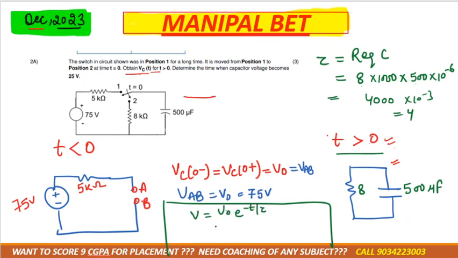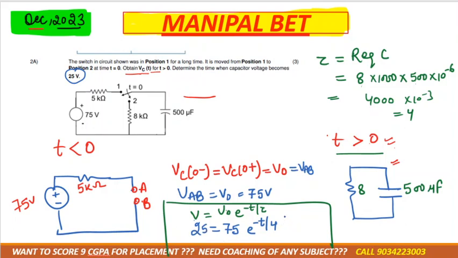Correct? V naught calculated is 75, e power minus t by tau. The voltage is, they have already given, 25 volt, right? Can we solve it further?